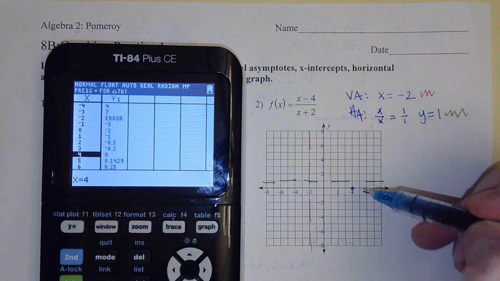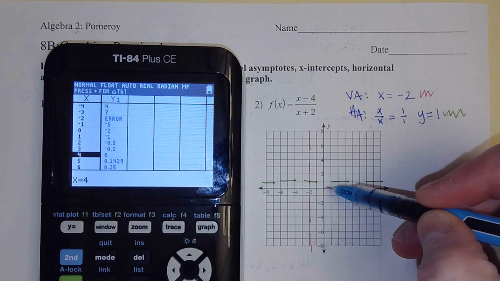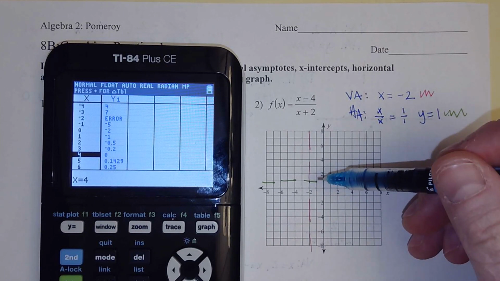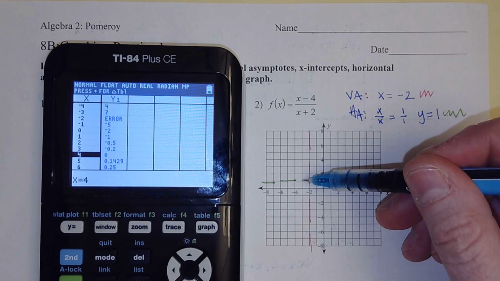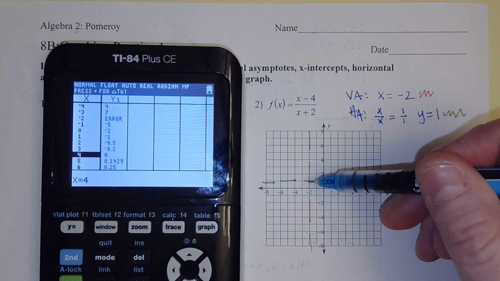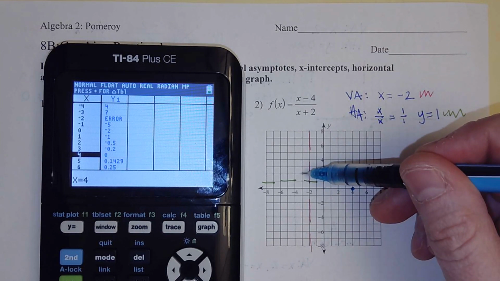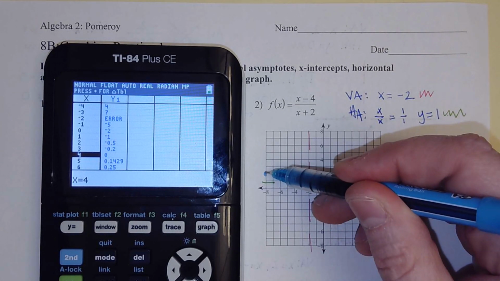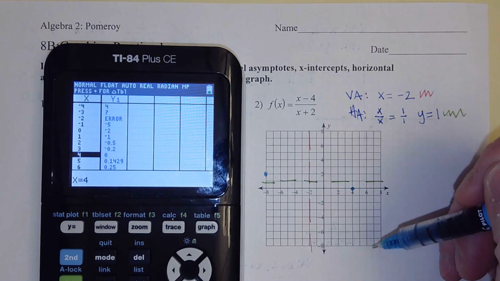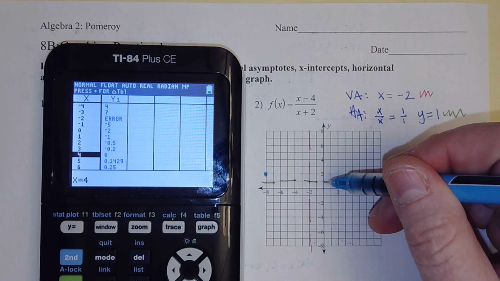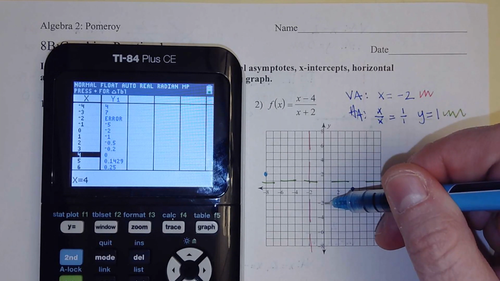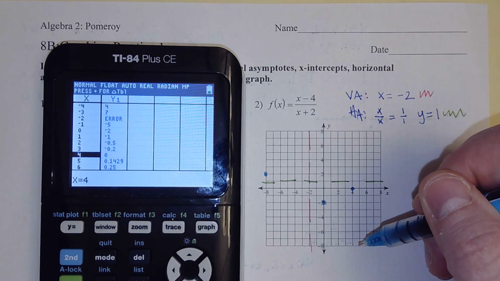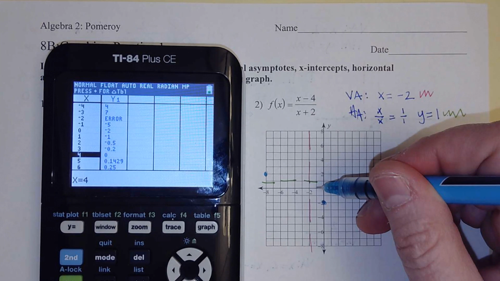To mirror that, I would go 1, 2, 3, 4, 5, 6. So over here, I would be mirroring across. So 1, 2, 3, 4, 5, 6. And to find another point, I have 0, -2, and -1, -5.